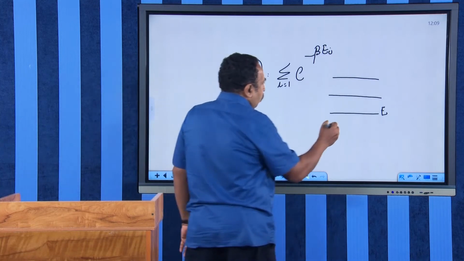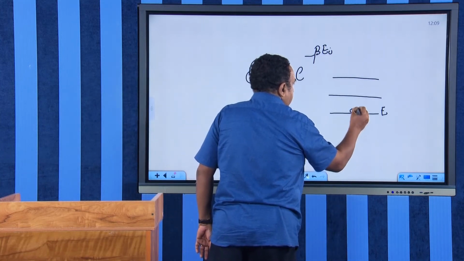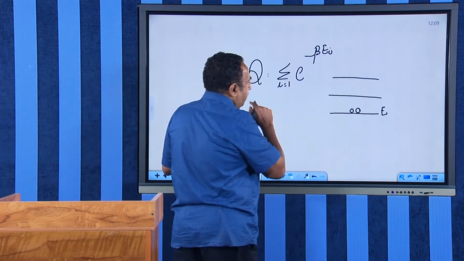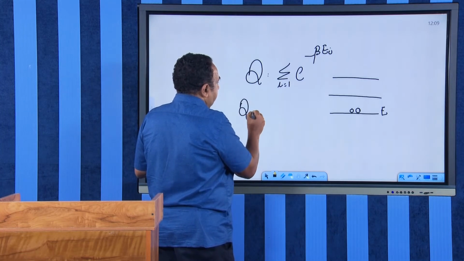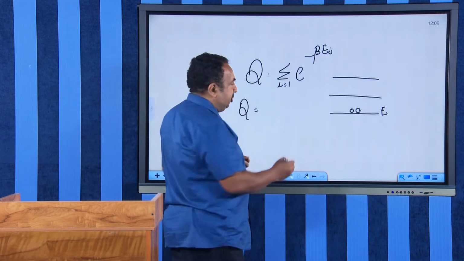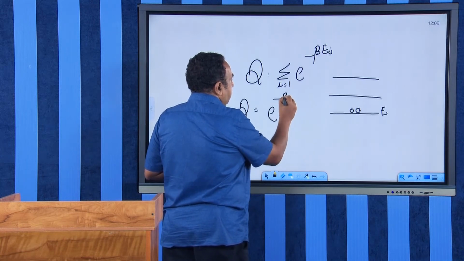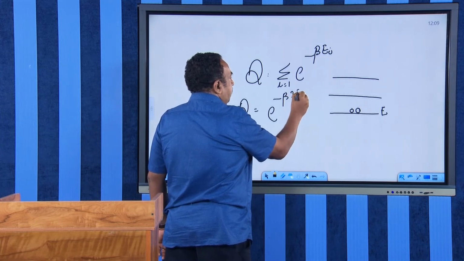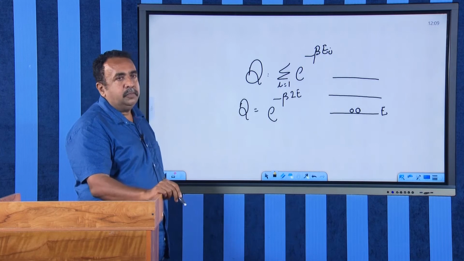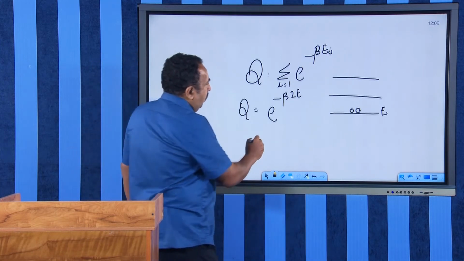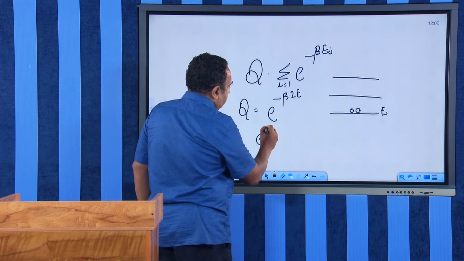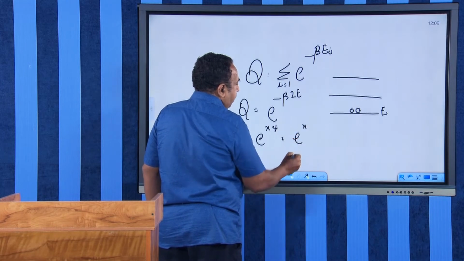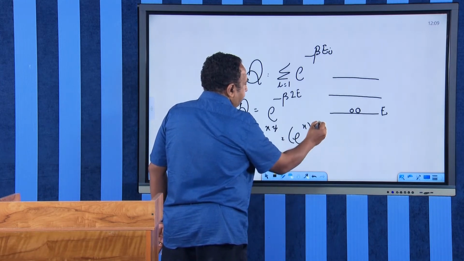Instead, if I take two particles in the same state, then only one state is there, so there is no need for a summation. The equation will be e raised to minus beta, with two particles in the same state, so the energy is 2E. For the exponential, e raised to xy can be written as e raised to x, whole raised to y.